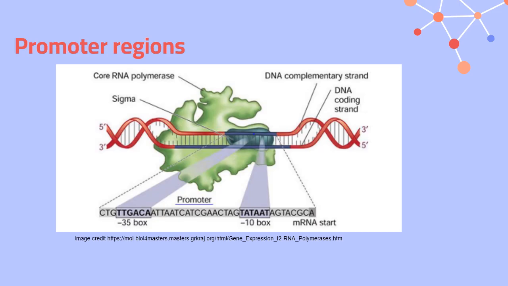In transcription, we're going to start at a promoter region. So RNA polymerase, that enzyme that carries out pretty much all of the processes involved in transcription, will bind to our DNA a little bit ahead, or we call it upstream, of the gene that's going to be transcribed, at a promoter region.